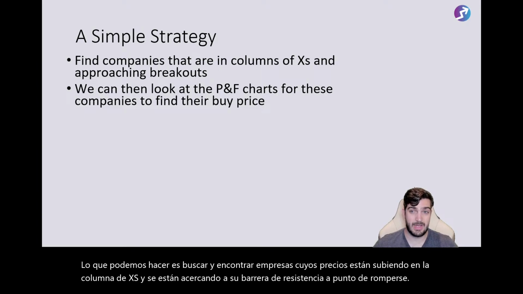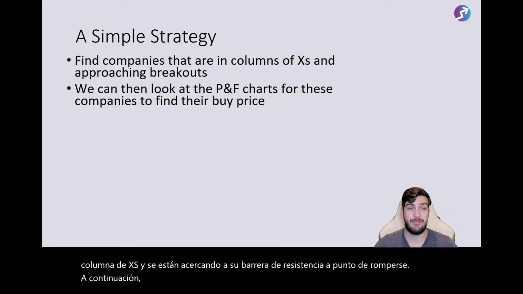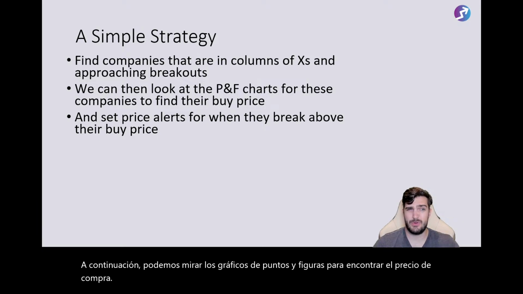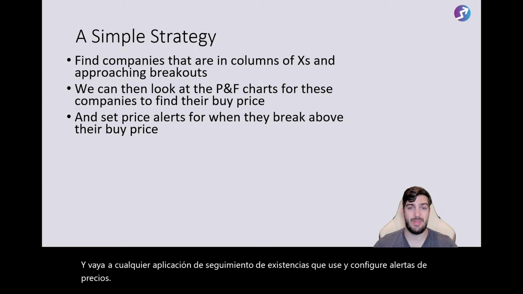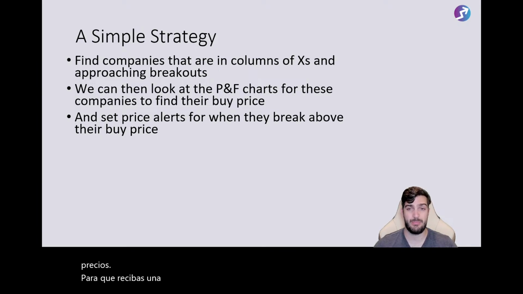We can then look at the point and figure charts to find the buy price and go into whatever stock tracking app you use and set price alerts so that you get a notification when that stock breaks above their buy price.